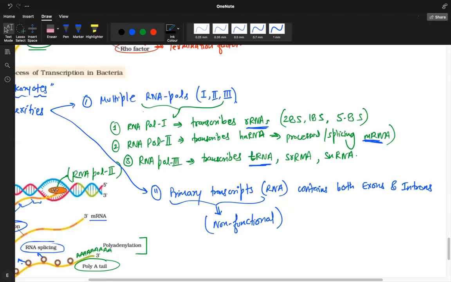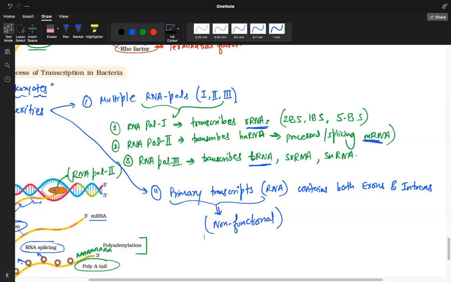First, there are three RNA polymerases which transcribe different kinds of RNAs.